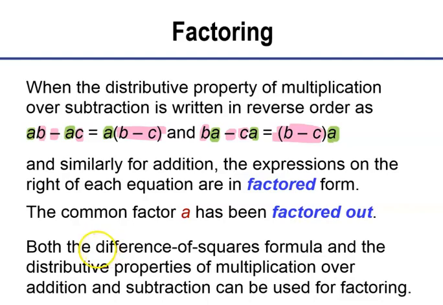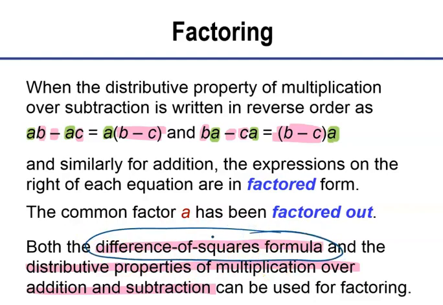So you'll see whenever you're asked to factor, sometimes the problems are in the form of difference of squares, and sometimes it's the distributive property of multiplication over addition or subtraction. And again, difference of squares is a commonly used term. And then down here, greatest common factor is a commonly used term here.